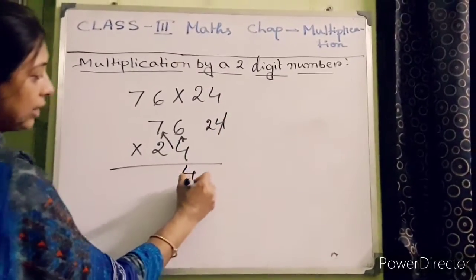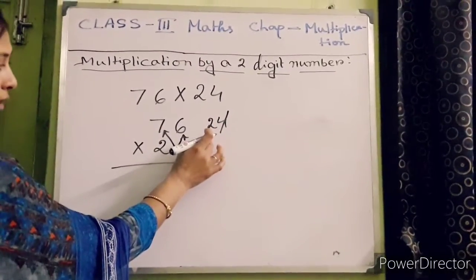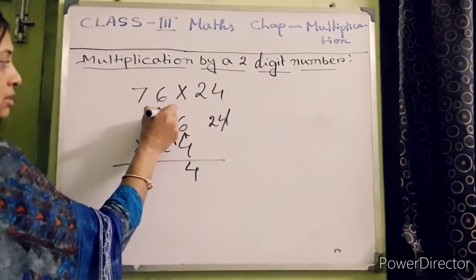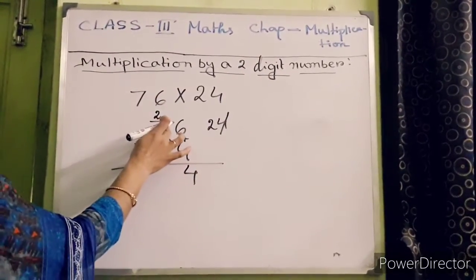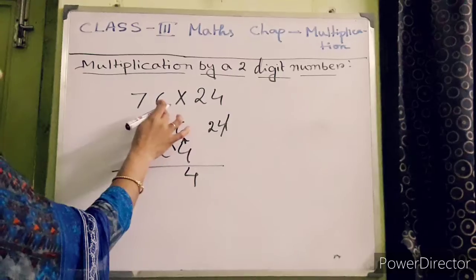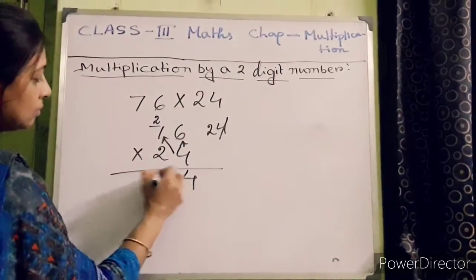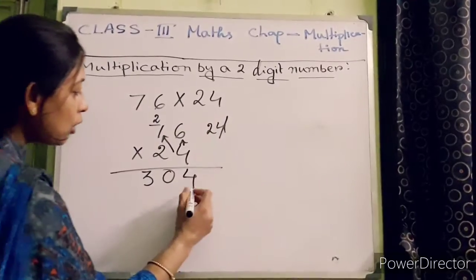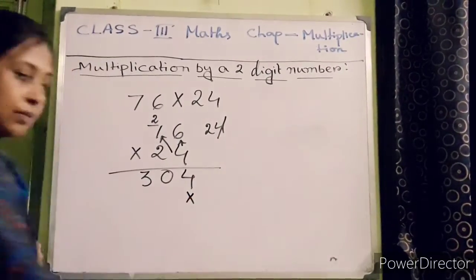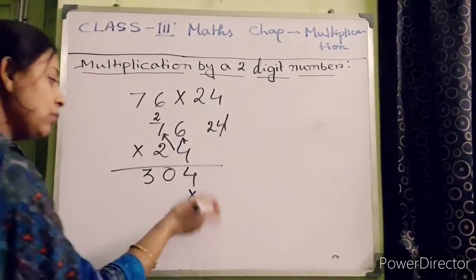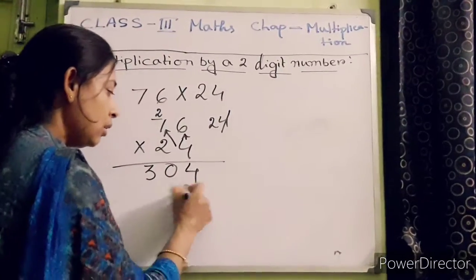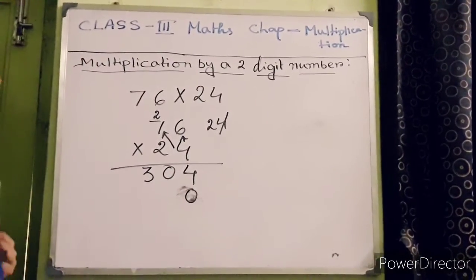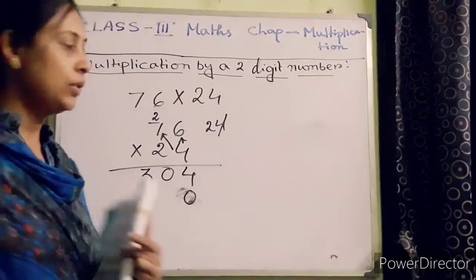Cut 4 and write here. 2 is in your hand, so you write 2 on 7. 4 into 7, 28. 28 plus 2, 30. After that, you put a cross in one place. Or otherwise, if you want, you can put 0. You can put a cross or 0.